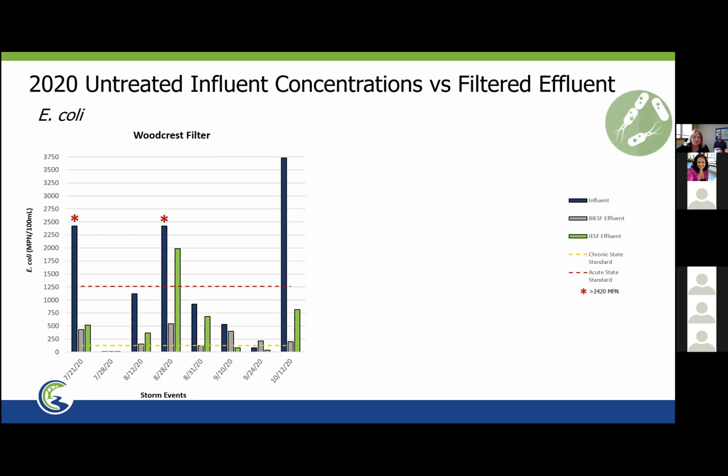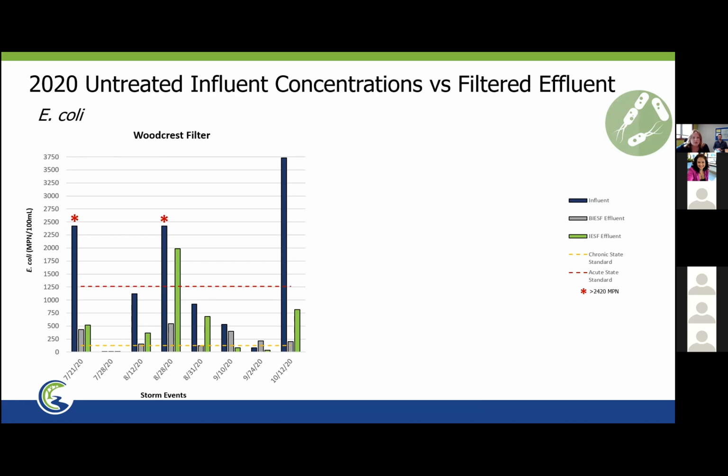So all of our estimates are actually conservative because we know there were at least 2,200 colonies of E. coli, but probably more. So midway through the year, after getting a couple of those samples, we started taking replicate samples and sending them in for dilutions so we could raise that maximum reporting limit. So that's why towards the end of the year, we could enumerate E. coli up to 3,700 here.